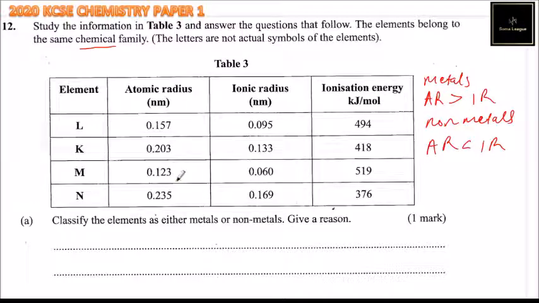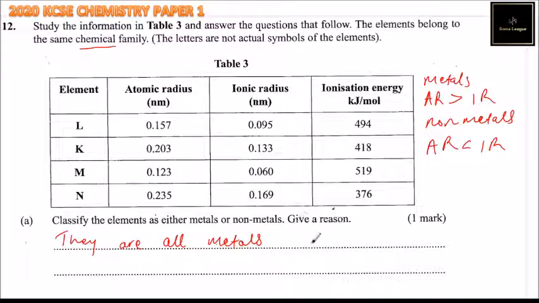For M, the atomic radius is greater than the ionic radius, so it is also a metal. For N, the atomic radius is greater than the ionic radius. So it means they are all metals.